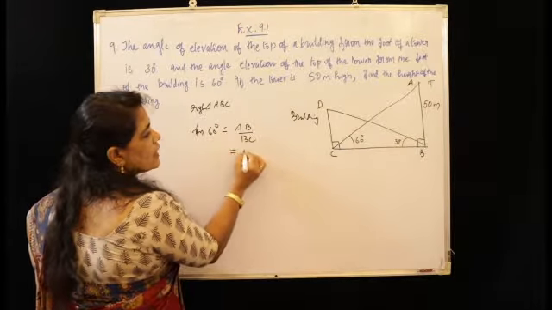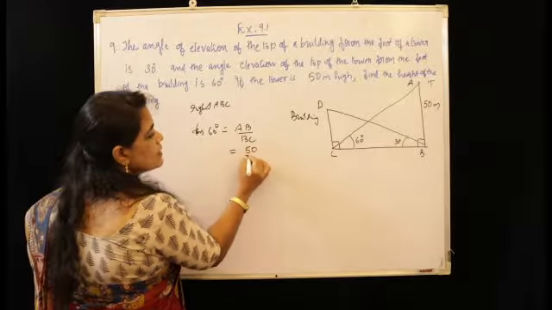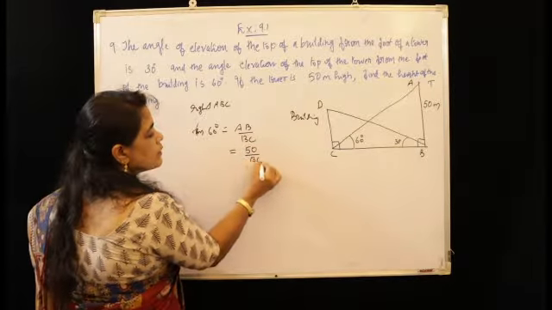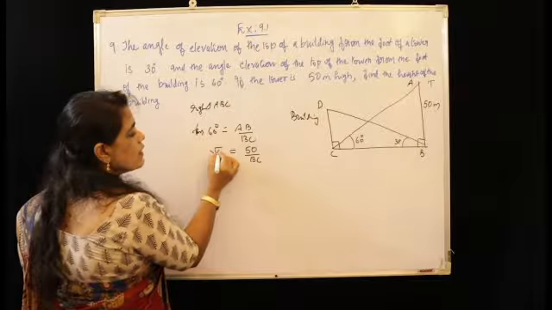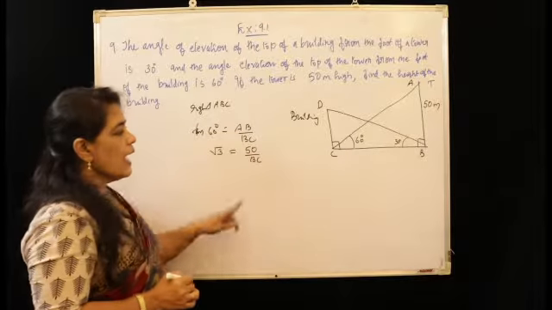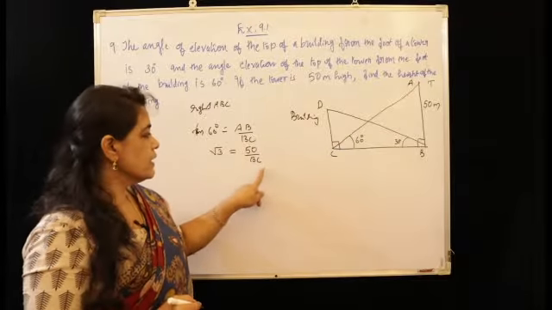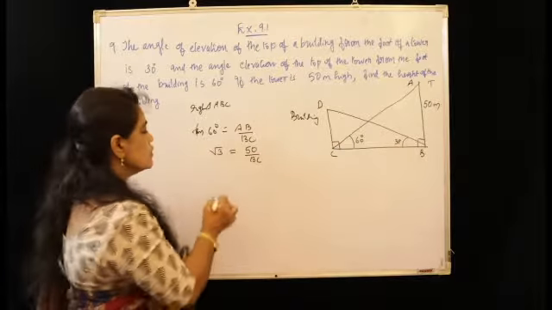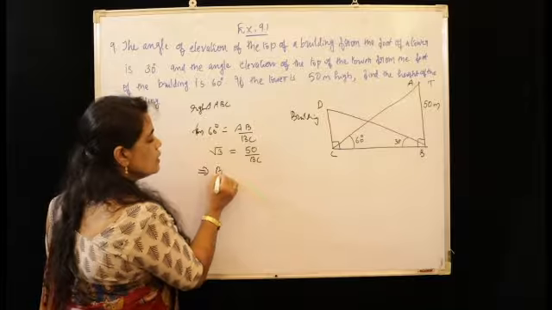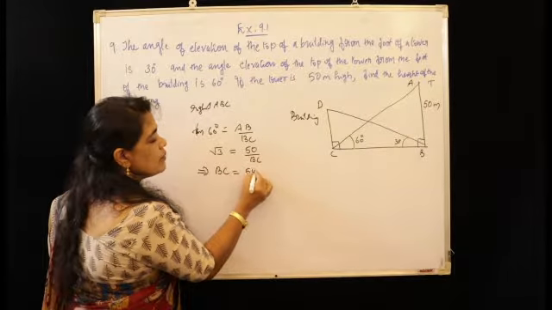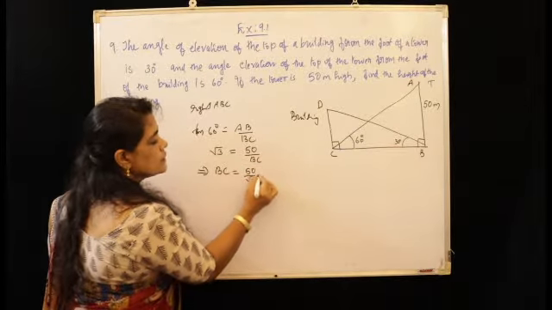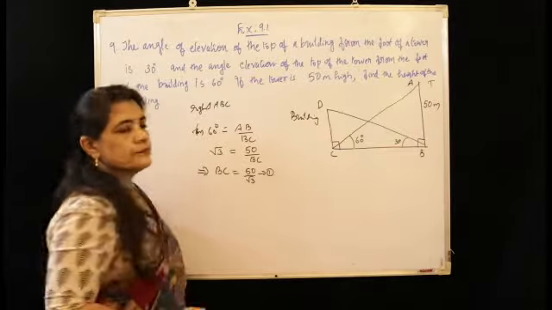AB is given as 50 and BC is not given. Tan 60 is √3. From here, taking BC to the other side, BC equals 50 by √3. This is equation number 1.